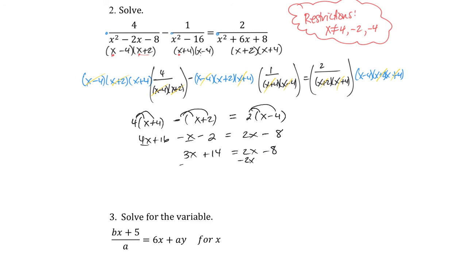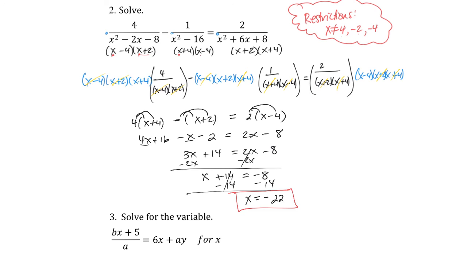Getting all of our x's on one side, we would get x plus 14 equals negative 8, and then just subtract out your 14, so we get x is equal to negative 22. And there's my solution, which is not part of the restriction, so it is a true solution.